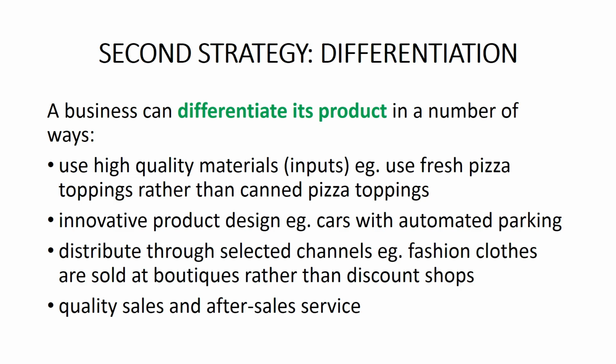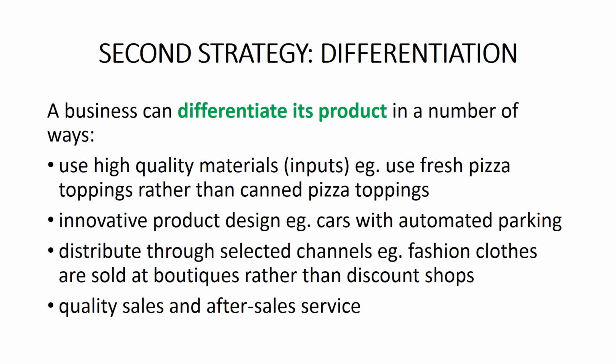Another way a business can differentiate its product is through distributing its product through selected channels. So, for example, if you specialize in manufacturing fashion clothes, then you're going to want those clothes to be sold at boutiques, at upmarket shops, rather than at discount shops. And that's again a way of differentiating your product from mass-produced clothes. Going to a boutique has a certain cachet compared to shopping at Kmart.